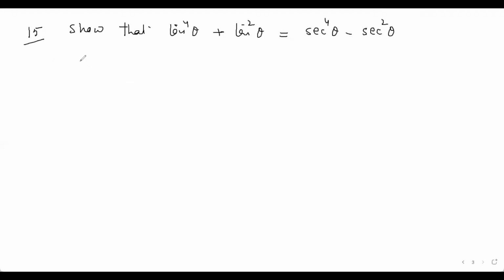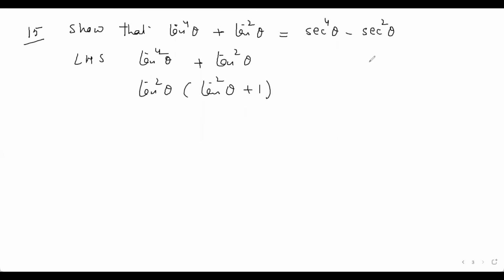Show that tan⁴θ + tan²θ = sec⁴θ − sec²θ. Now the left hand side is tan⁴θ + tan²θ. Take tan²θ common. You will have tan²θ (tan²θ + 1).